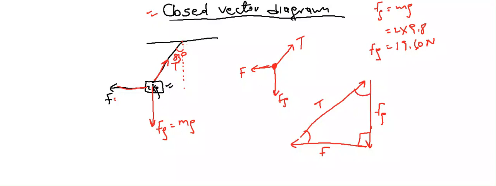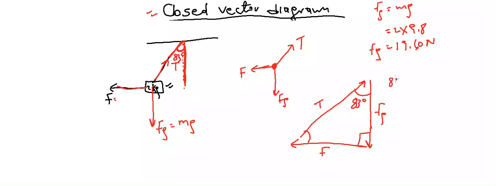Now let's go back. Here we have the line going down and the tension line, and the angle between the straight downward line and the tension is 83 degrees. Now, 83 here and 90 here: the sum of angles of a triangle is equal to 180.